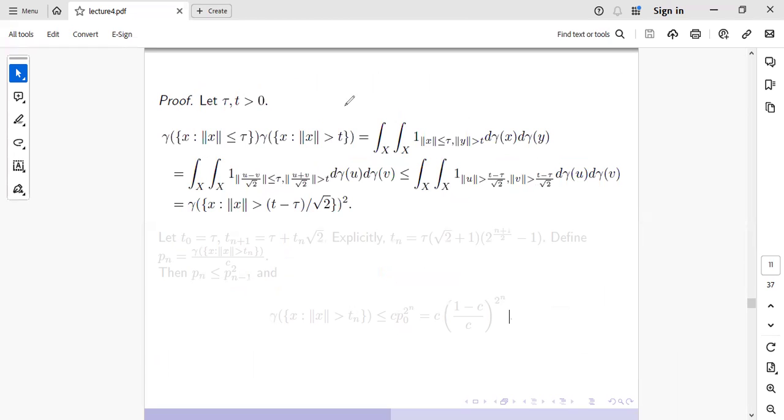When we discussed the Ornstein-Uhlenbeck semigroup, we used such property that if we have a centered Gaussian measure, we proved it in finite dimensional case, but in general, the proof is completely the same, just computing the Fourier transform.